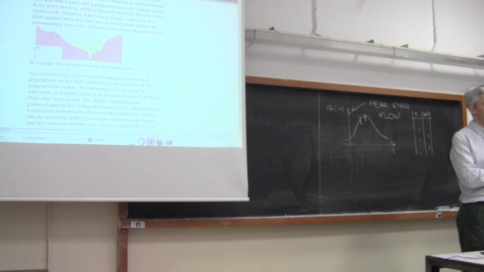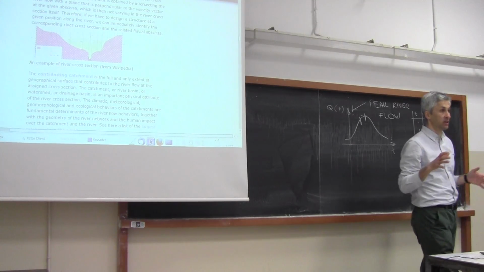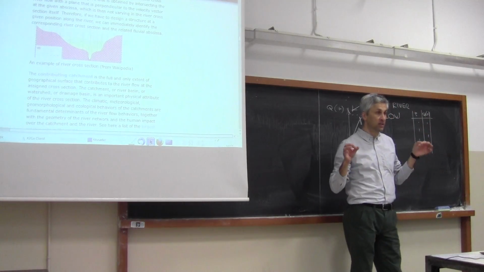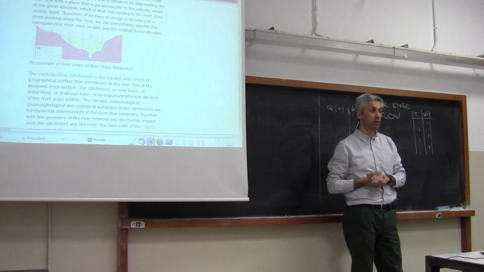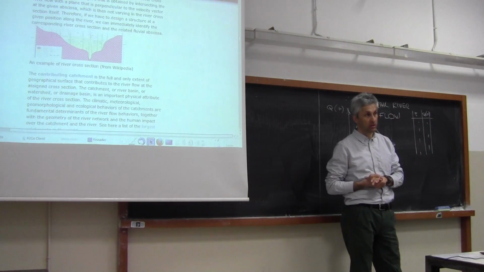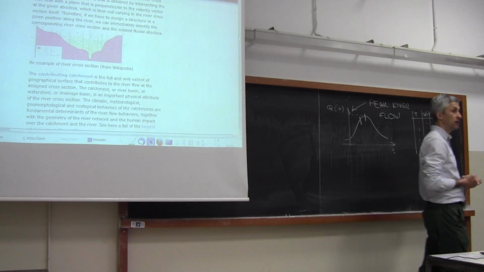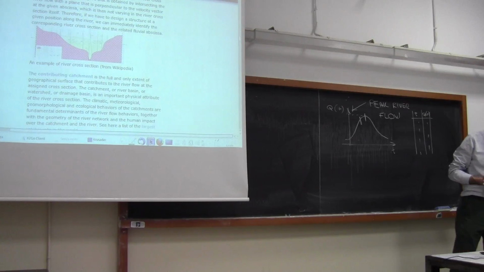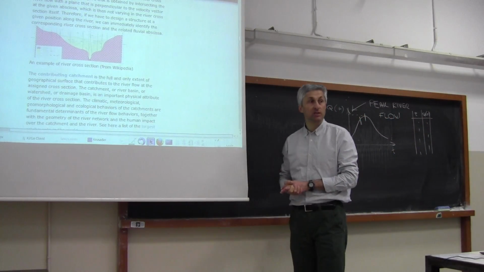So basically, what is the river flow across a cross-section? It is the rate of volume of water passing through the river cross-section. What is the rate?